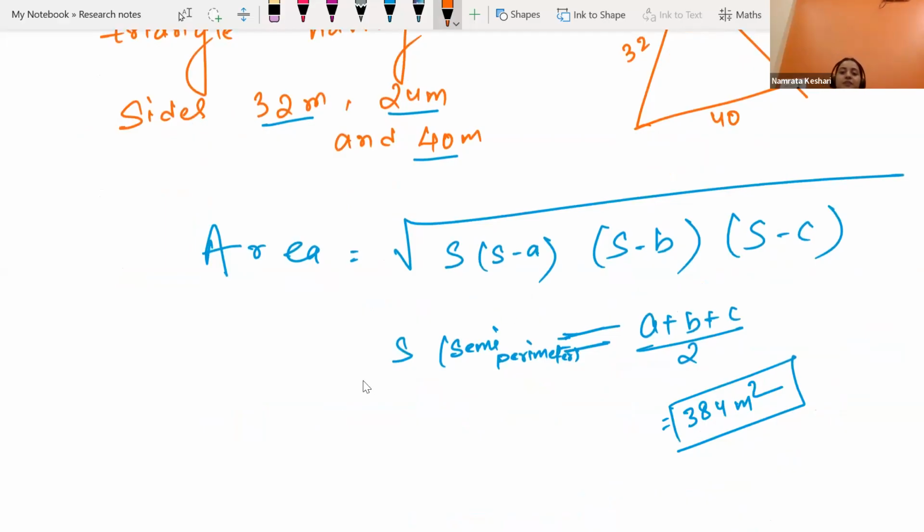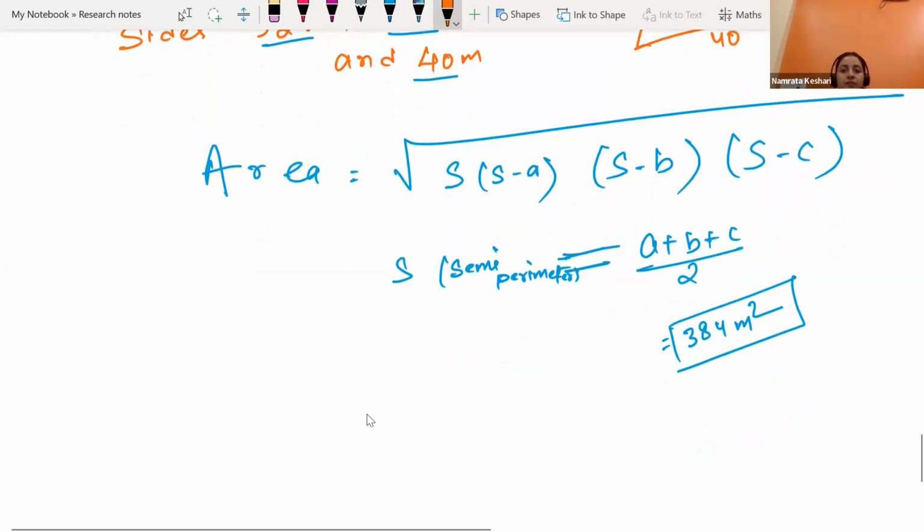Take your time, do it, I'll be waiting. The numbers that we get in the brackets after subtracting should be factorized.